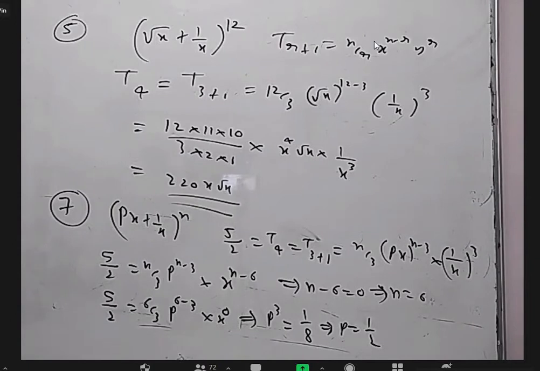Mainly you have to understand the power of x should be 0, because they did not tell that the fourth term is 5x by 2 or 5x cubed by 2 or something. They just said 5 by 2, which means x is not there.